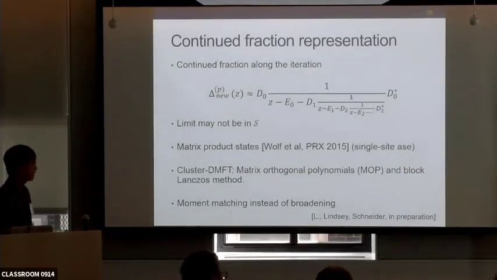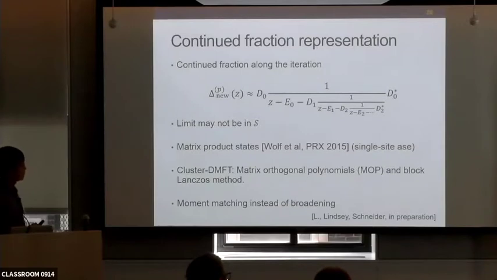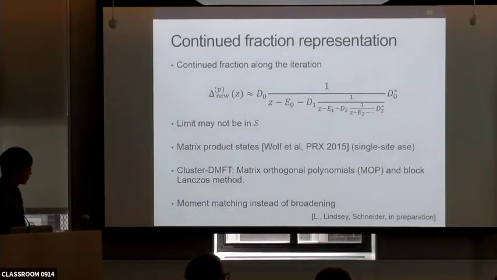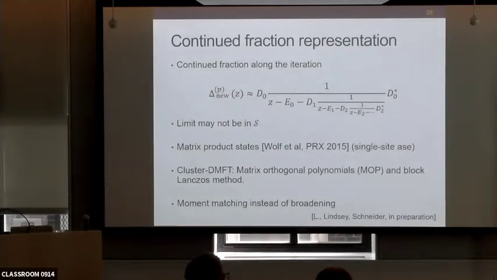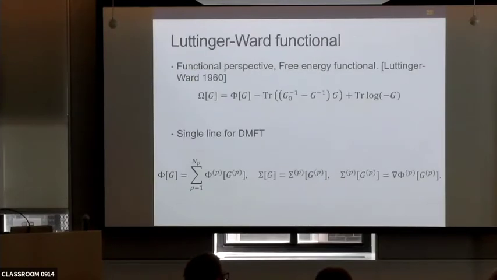We haven't seen any because it requires a little bit of the so-called matrix orthogonal polynomials. Maybe it's trivial to the audience, but I'll be happy to discuss that, or let me know if this has been done. It also gives you the possibility to do the so-called moment matching instead of doing artificial broadening. That's because moment matching is also another way of doing broadening.